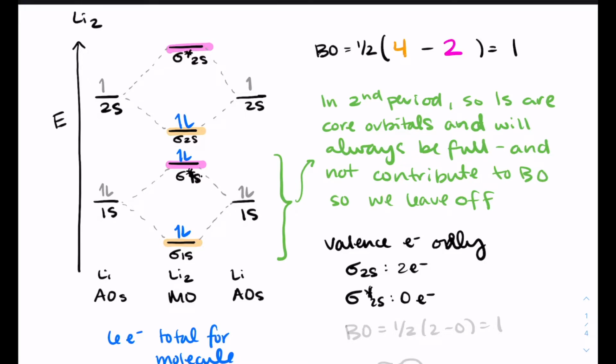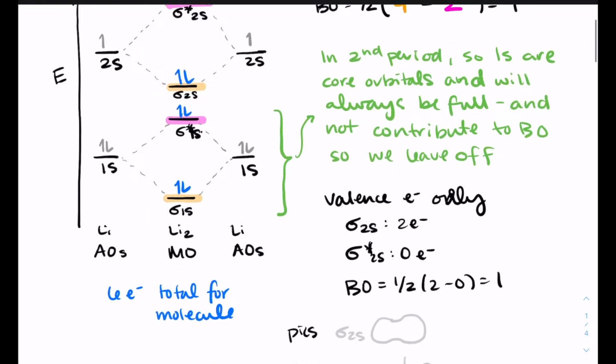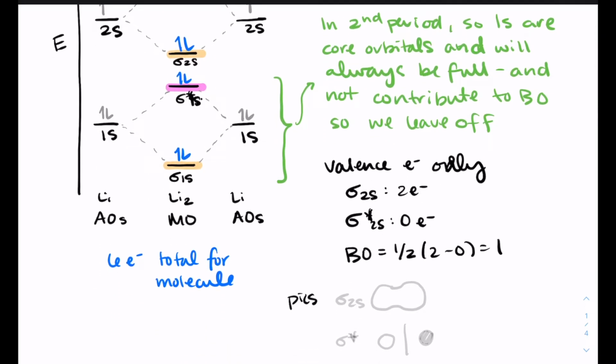And if I drew pictures of 2s orbitals overlapping in a constructive and destructive way, it looks exactly the same as 1s, just technically bigger. We just don't have a scale on our paper.